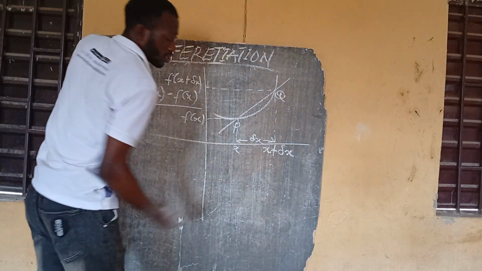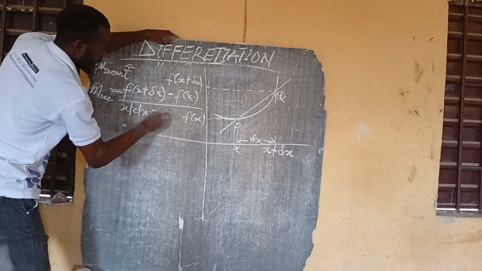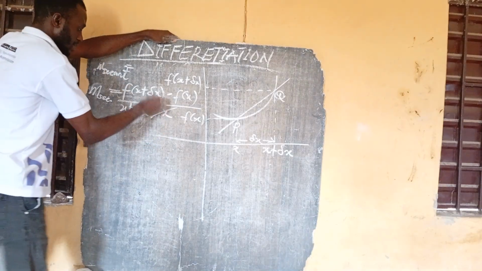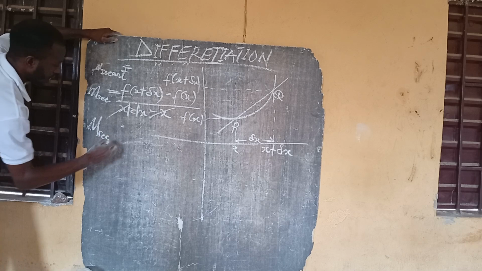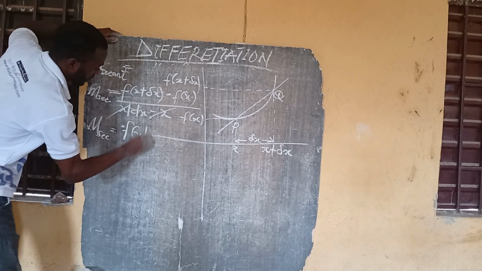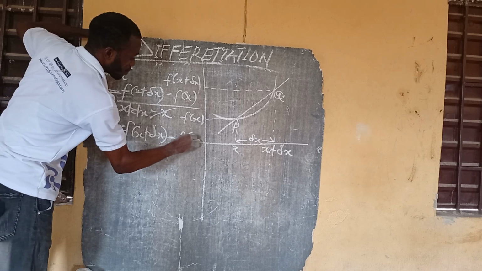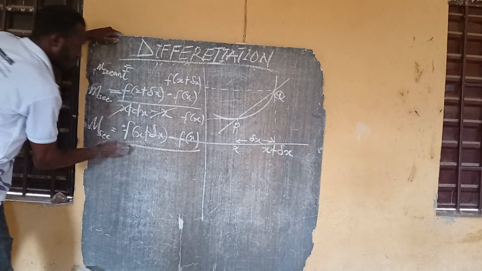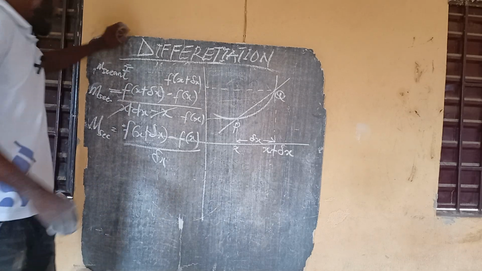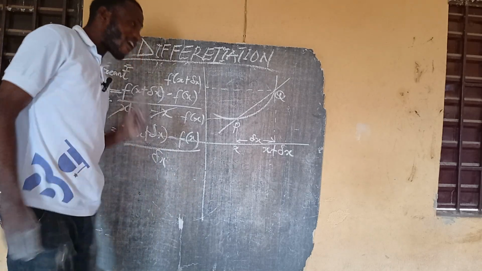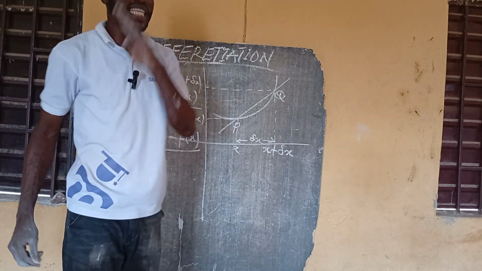Now the change in x is going to be x plus dx minus x. So m sub secant is going to be f of x plus dx minus f of x all over dx. Now, this is the slope of the secant line.